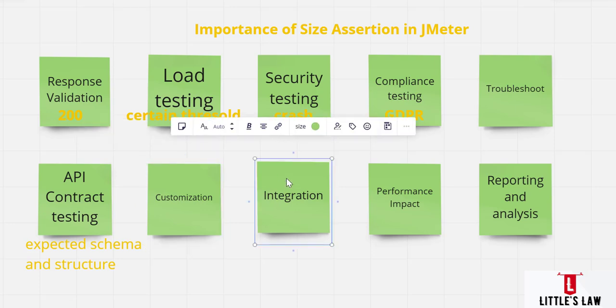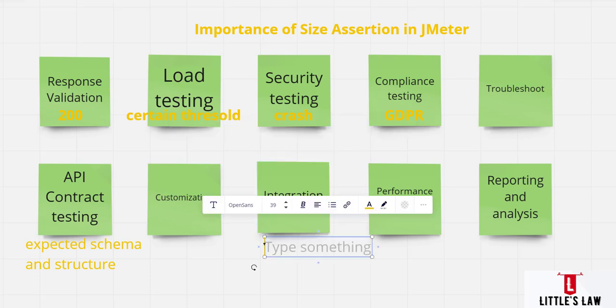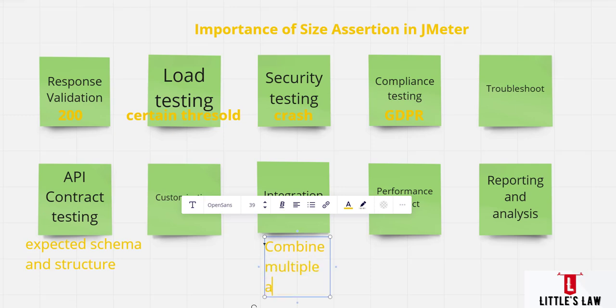The eighth point is integration with other assertions. JMeter allows us to combine multiple assertions in a single test plan, which helps us to create more comprehensive tests.